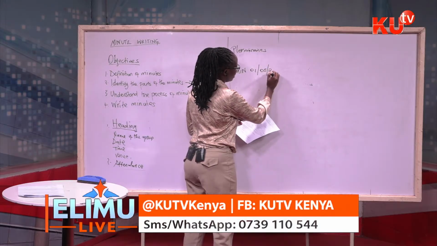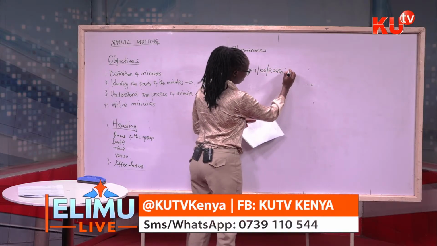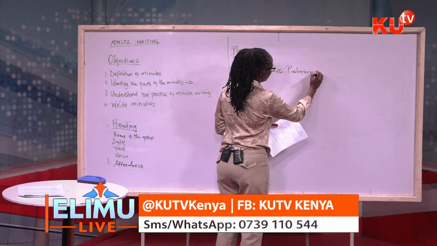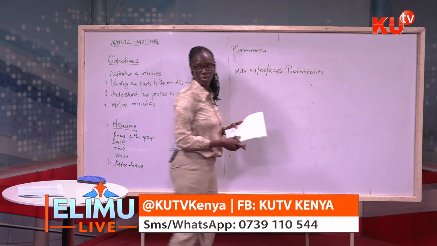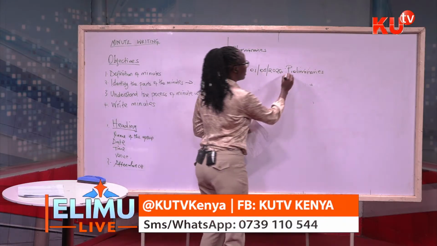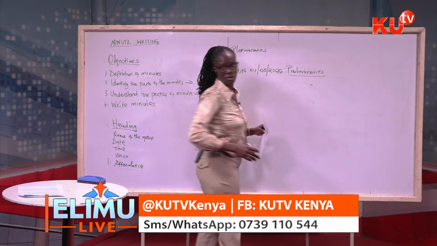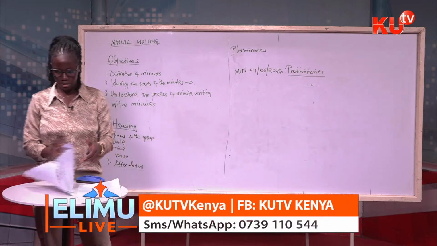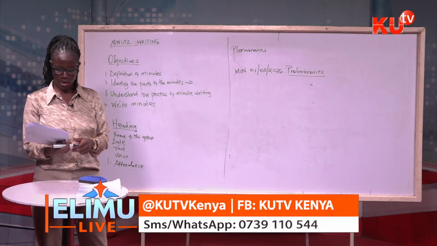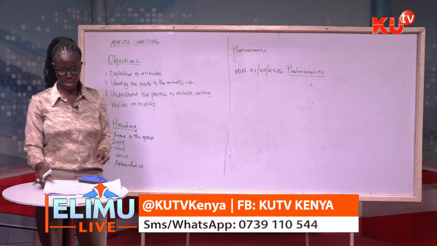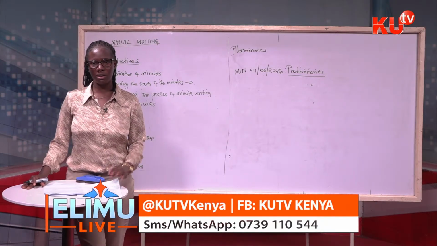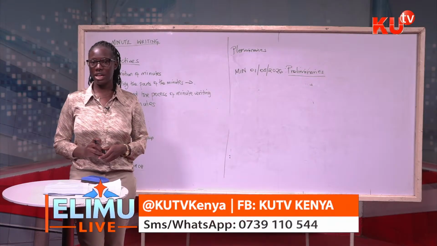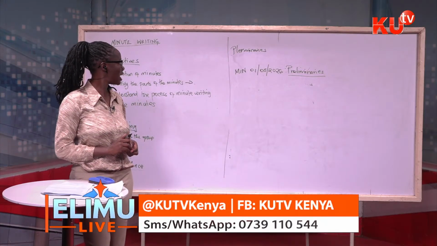Of August. So here we have the preliminaries, and then you underline it. So under preliminaries, for instance, before a meeting starts, maybe the chairperson can call the meeting into order, maybe introduce the new members and the visitors.